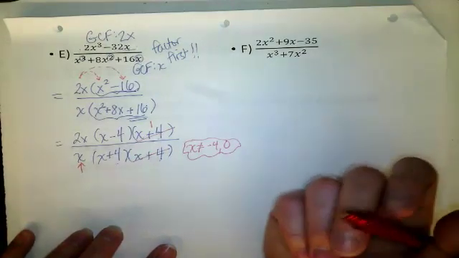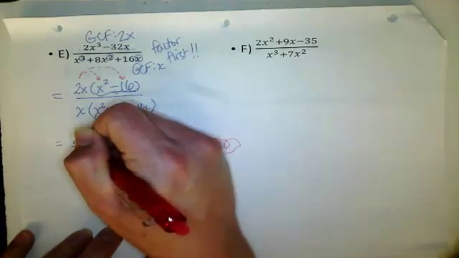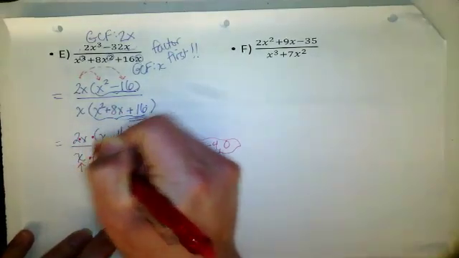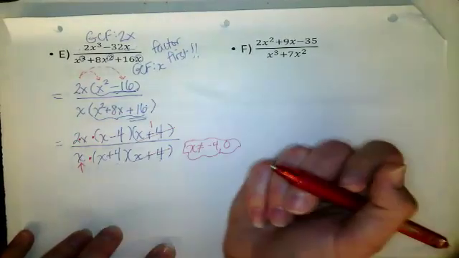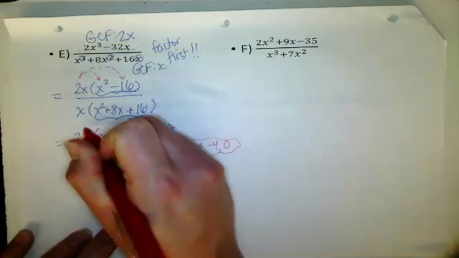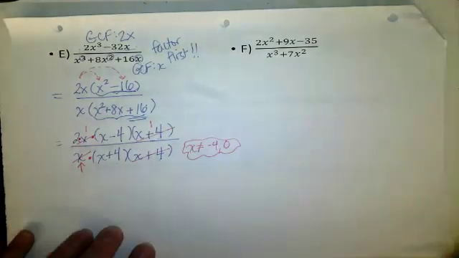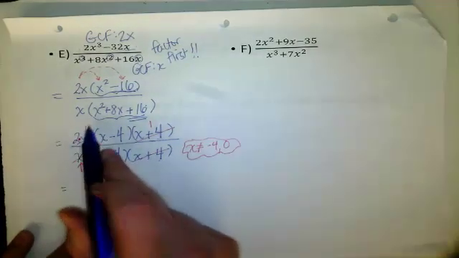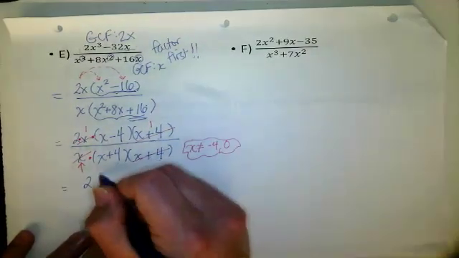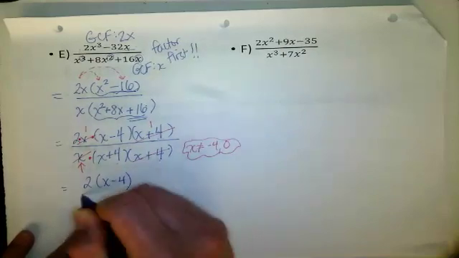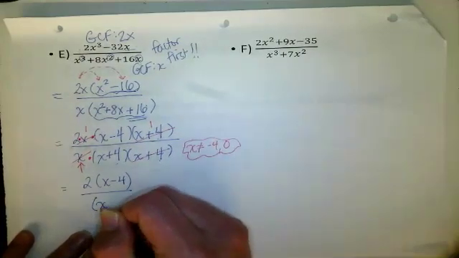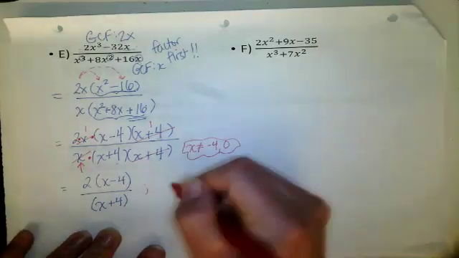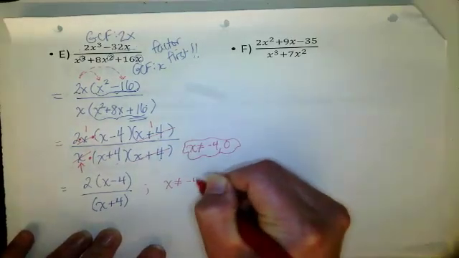The x's cancel out. Yeah, this is 2 times x times this whole thing. These x's are being multiplied, so they can reduce as well. X goes into x one time. And so in the numerator, I'm left with 2 times 1 is 2 times x minus 4 over x plus 4. And of course, x is not allowed to be negative 4 or 0.